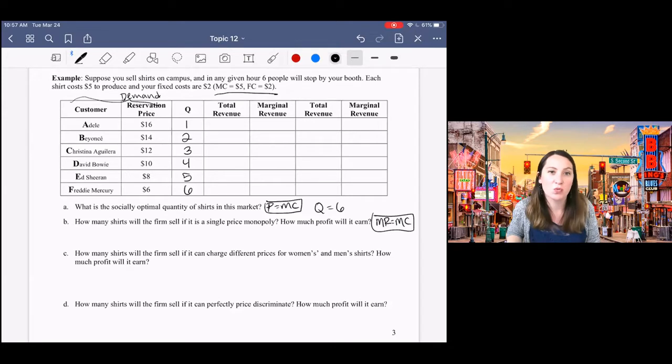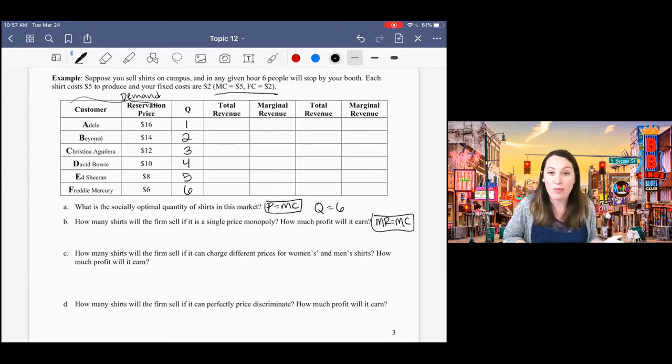If we have to charge one price to all of our customers, then we're going to treat them all as one big group, calculate our marginal revenue, and then, of course, produce as long as that's higher than marginal cost. So it's really the same steps that you took in the graph problem, just applied in this different context. And the main difference here is in how we calculate marginal revenue.